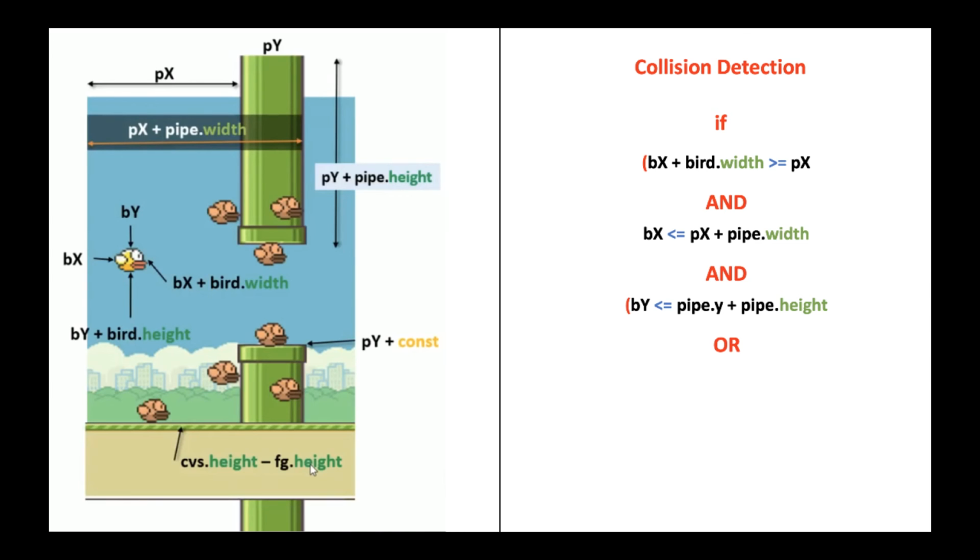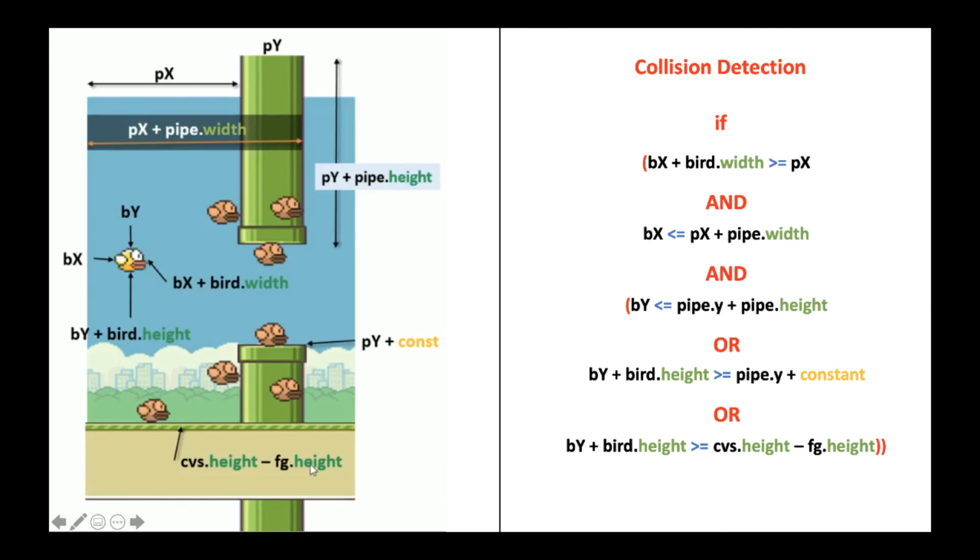Or we also need to look for the positions at the bottom as well. So these positions where the bird's y coordinate plus the bird's height are greater than or equal to the y of the pipe plus the gap, our constant, so it's in this position down here. Or we've also got to take care of this particular option down at the bottom here where the bird has hit the ground, because that causes a game over as well.